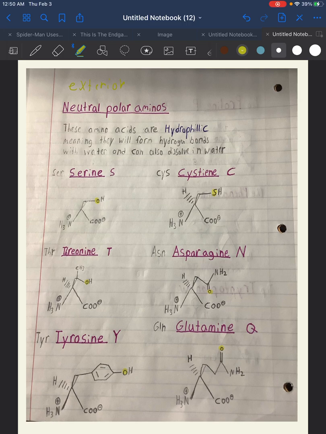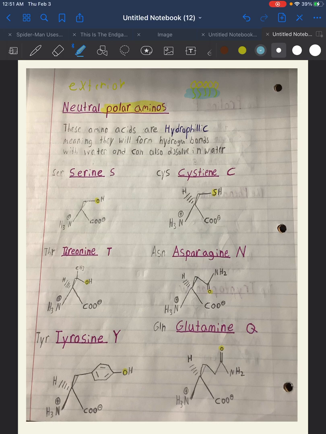The micelle example would be your hydrophilic heads and your hydrophobic tails. Your hydrophilic heads are going to be these polar amino acids. Your hydrophobic portions, the tails here, would be the nonpolar amino acids that I showed in the previous slide.